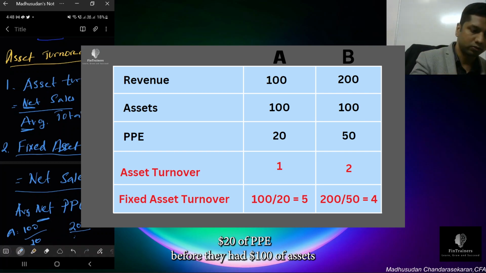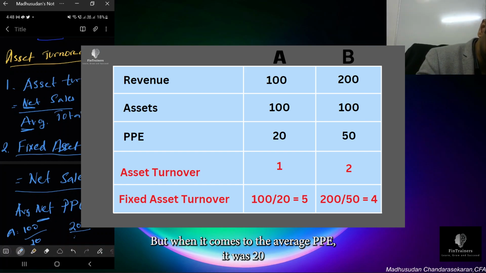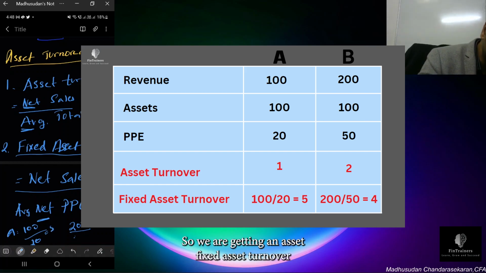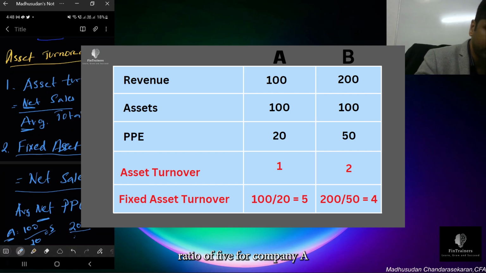Before they had $100 of assets, but when it comes to the average PPE, it was 20. So we are getting a fixed asset turnover ratio of 5 for company A.